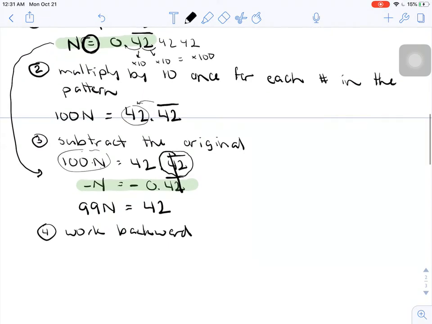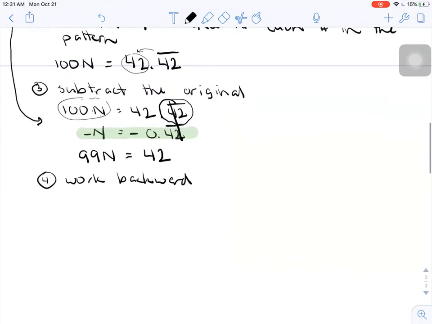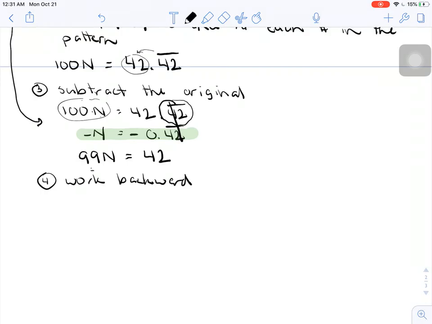So n times 99, the way I would undo that would be to divide by 99. So that means that my fraction is 42 divided by 99, or 42 over 99. And then reduce.